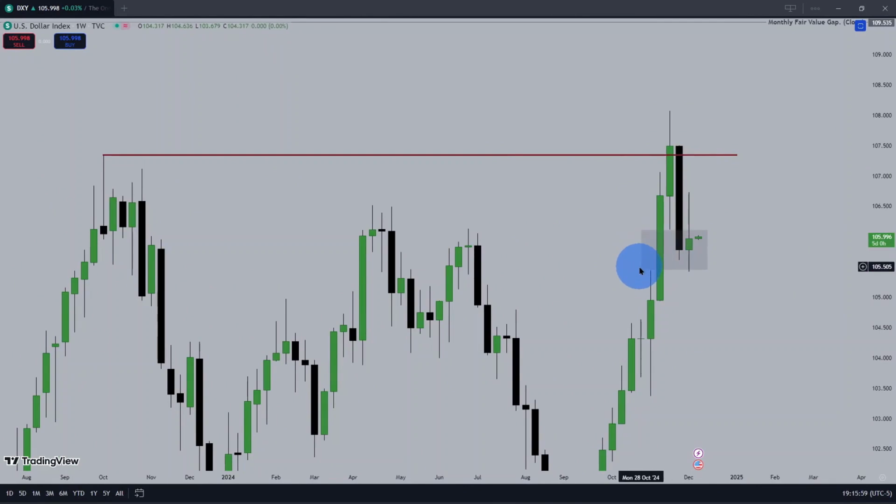And what do I mean by respect? We ran through the previous week's low and completely closed this weekly fair value gap, and we've now closed inside the body of the previous week's candle.